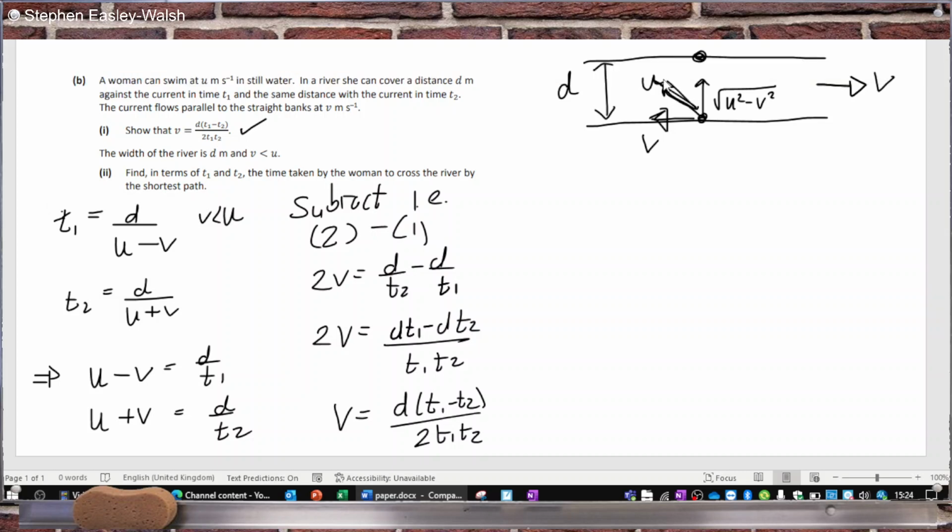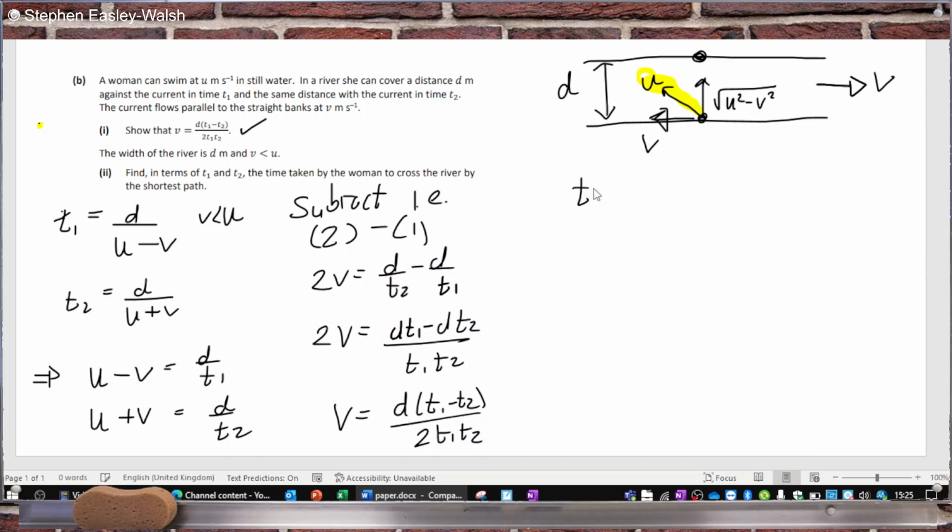So if I resolve this vector, I'll get this situation, v to the left and root u squared minus v squared across. These v's will cancel.